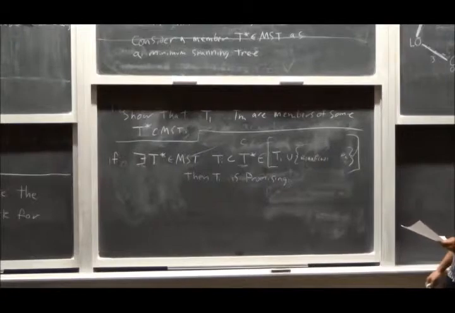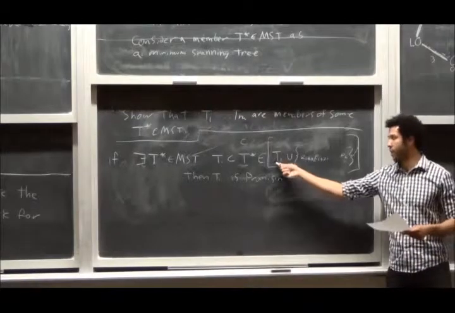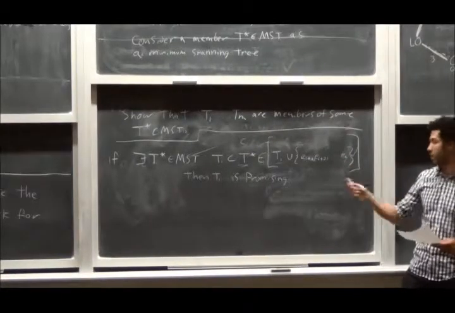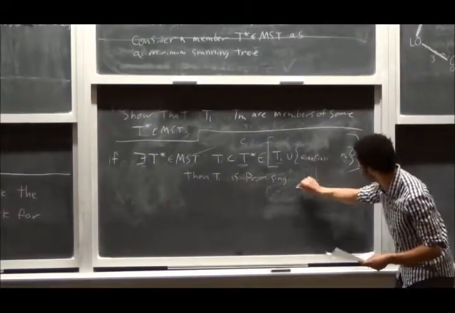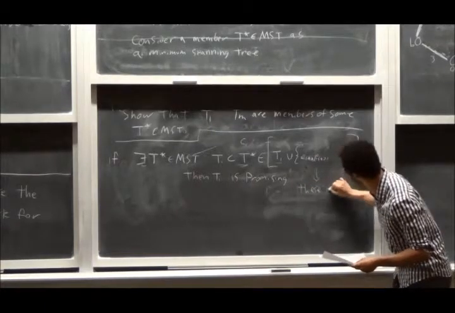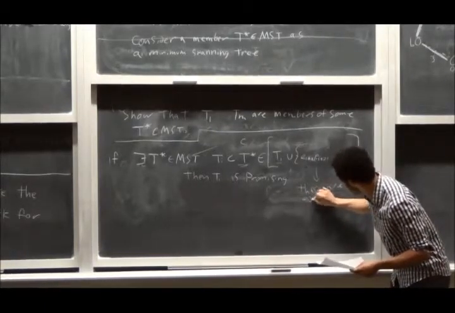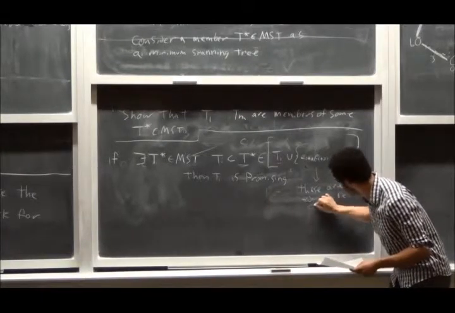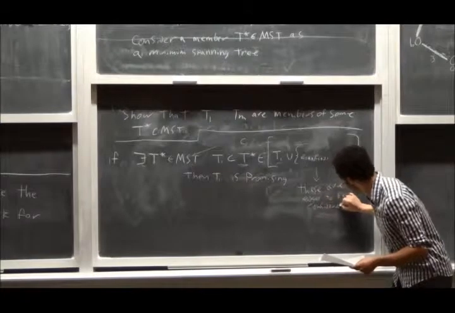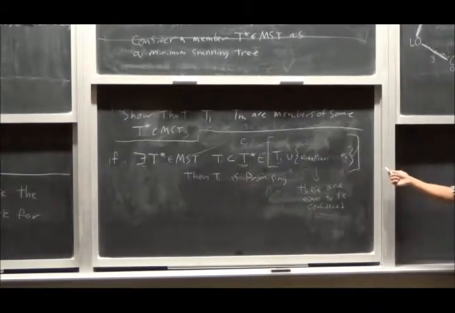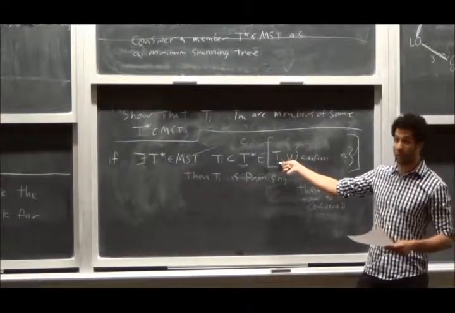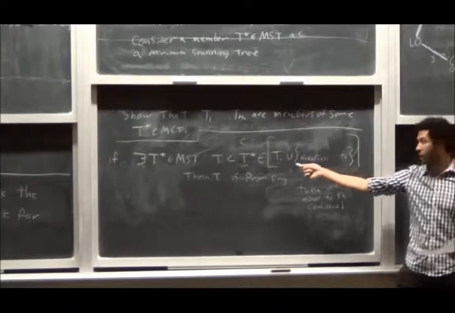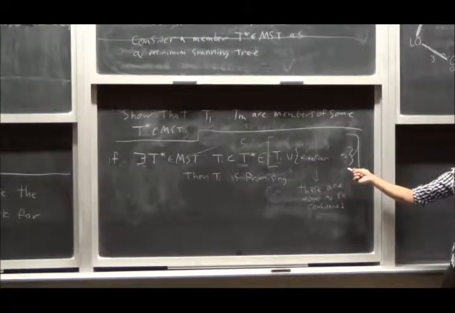The potential optimal set can be defined as Ti plus the remaining elements to be considered by the algorithm as we're iterating. Maybe that's the confusion. These are edges to be considered. They haven't been considered yet. So these are the edges to be considered by the algorithm. This is the set we built up to this point. So we're saying that the optimal set is a subset of everything we've built so far, plus all the places we could go.